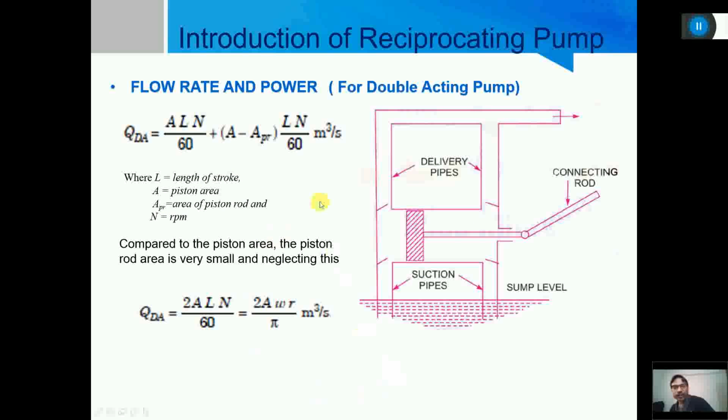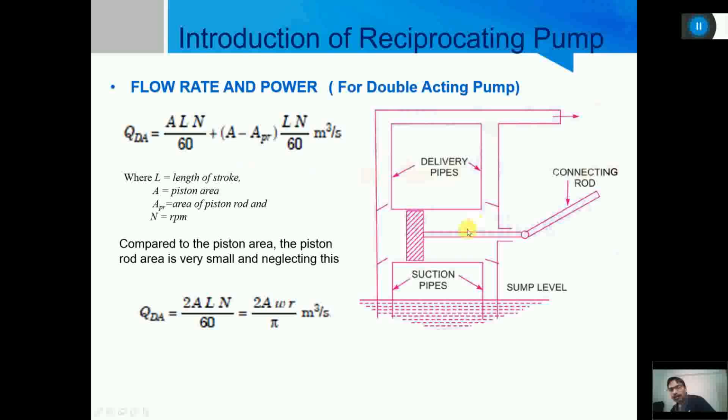As far as a double acting pump is concerned, this is the discharge. When the piston is moving in the forward direction, the discharge will be LAN by 60. But when it is moving in the backward direction, the area gets reduced because of the piston rod. If the area of cross section of the piston rod is A_PR, then the area will be A minus A_PR.